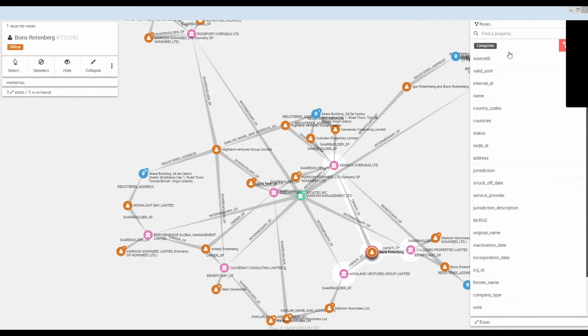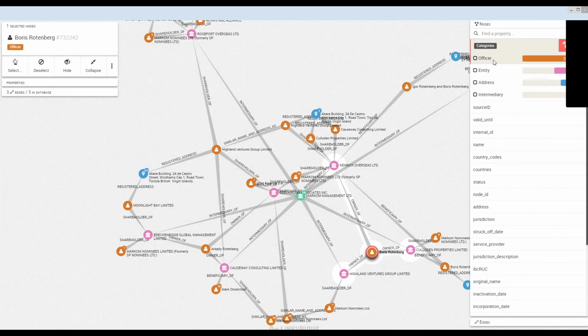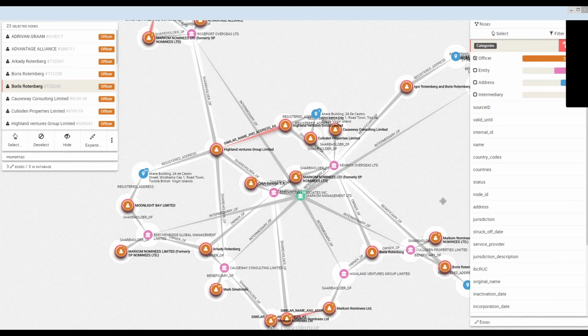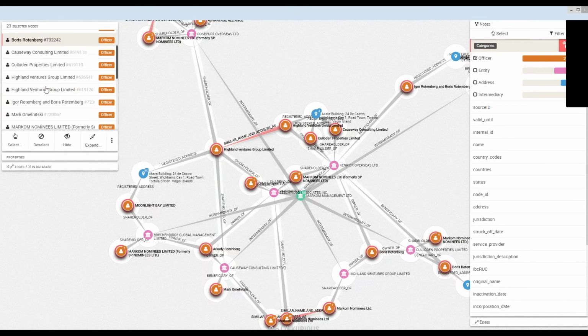I'm going to click on design here, and if you want to see all the officers which are associated with Boris, I'm clicking on categories and then officer, and we can select all the officers and we can inspect them one by one.